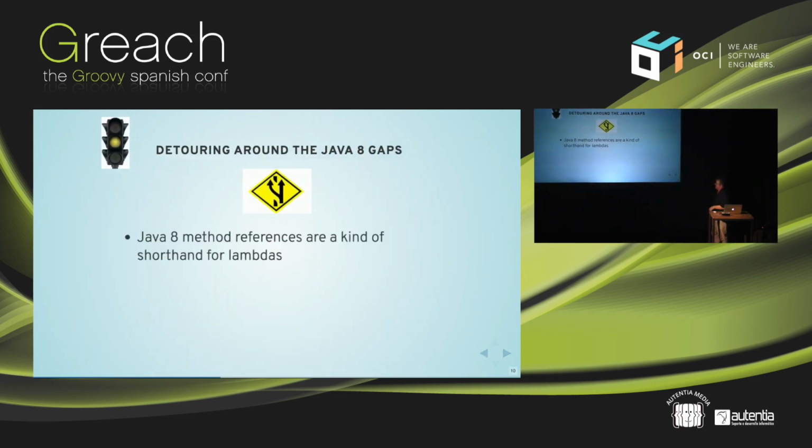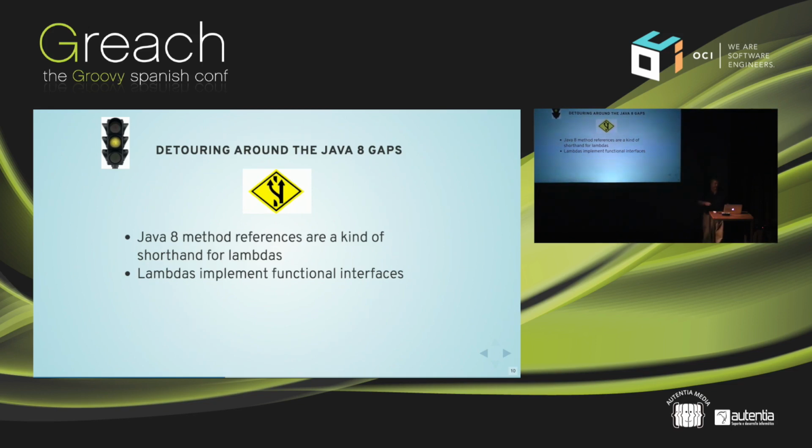Now, how do we get around some of these gaps currently without the parrot grammars? We have to keep in mind that Java 8 method references are kind of a shorthand for lambdas. And lambdas basically are syntactical sugar for implementing functional interfaces. So the compiler sees the lambda and says, well, this lambda is being passed in for an argument of a particular functional interface type.